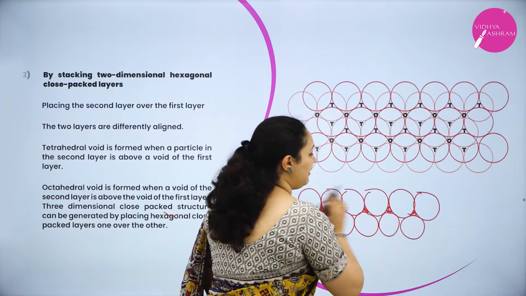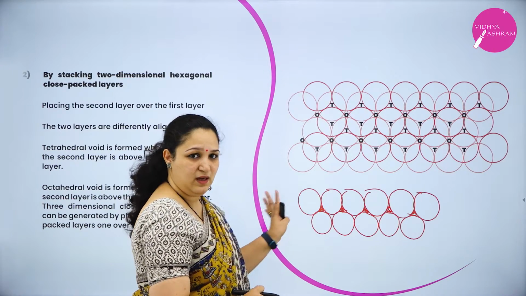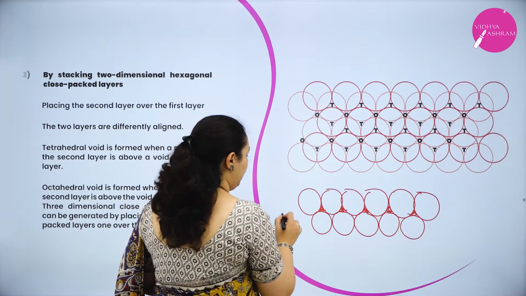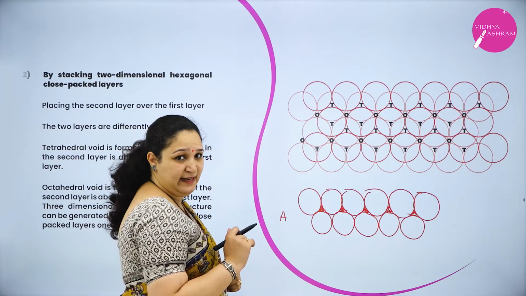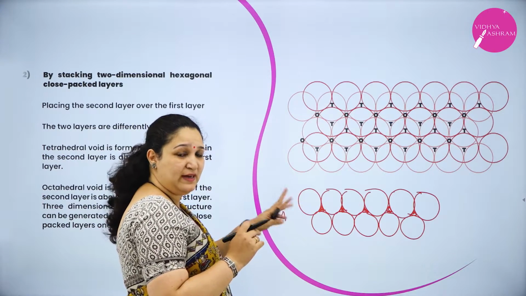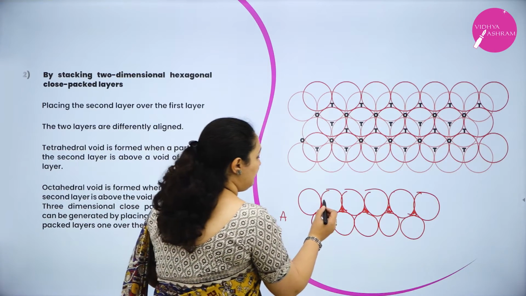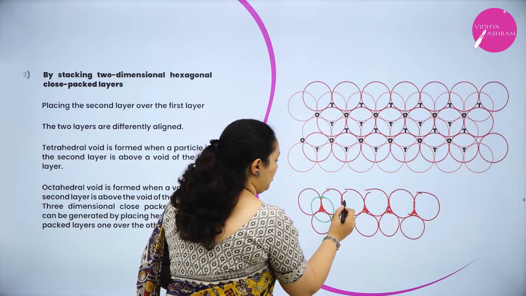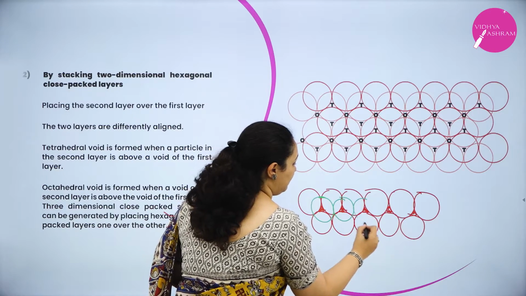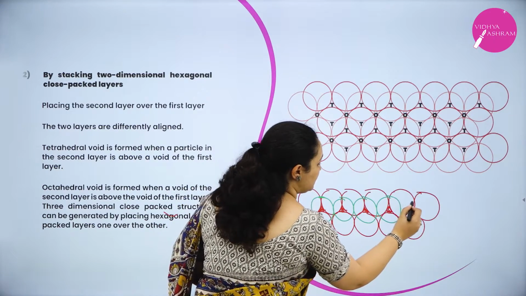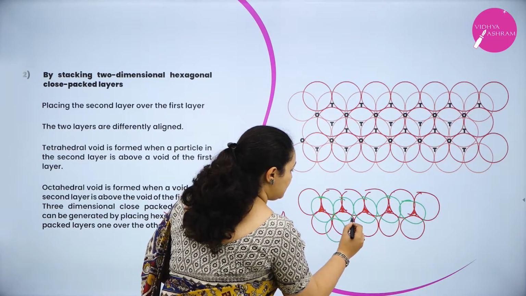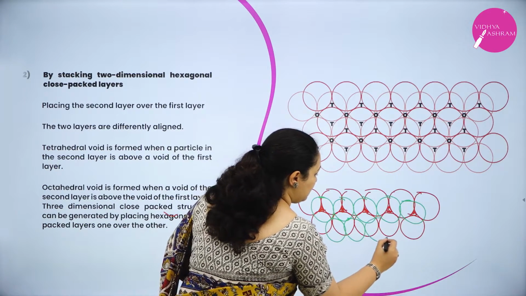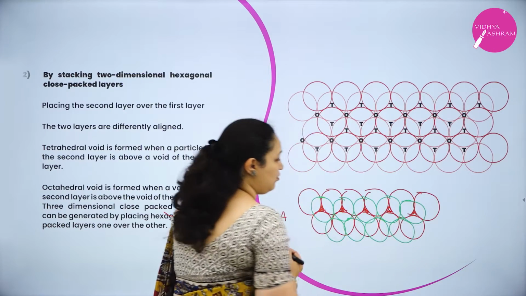This is, for example, my one layer. This layer I call A. Now I'll take the second layer, the same hexagonal close packed layer. Now I am placing this over the triangular voids. This is my first row, and this is my second row.